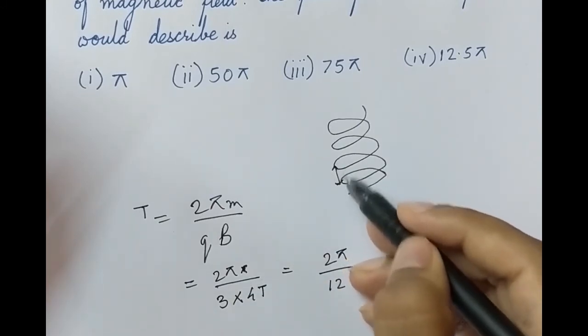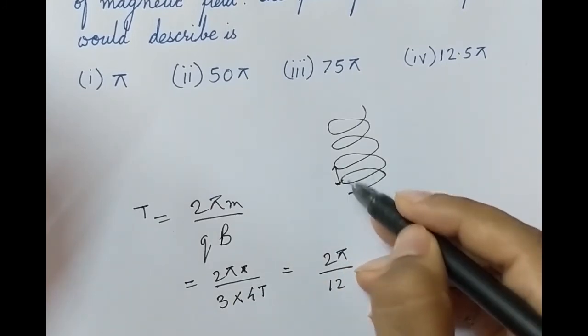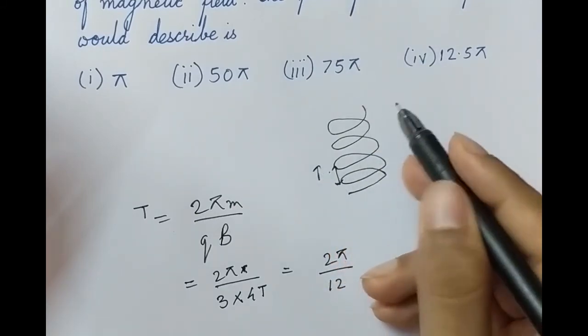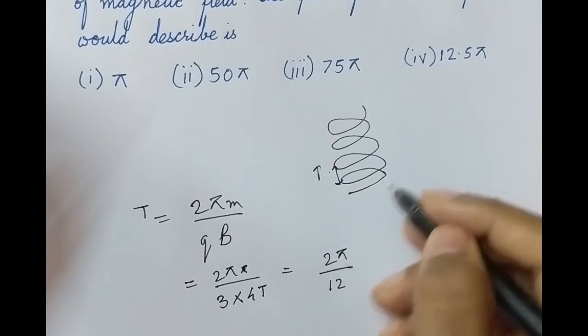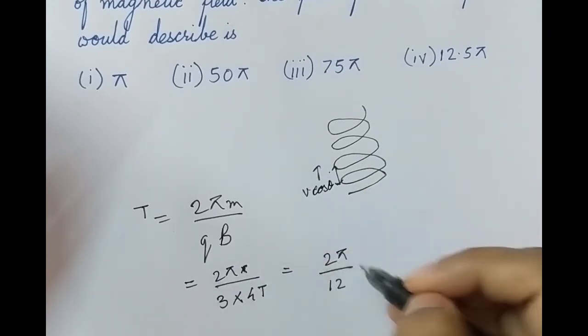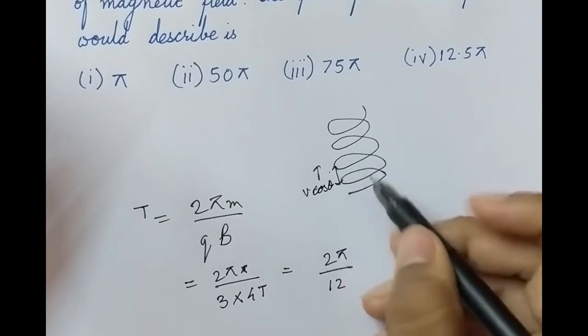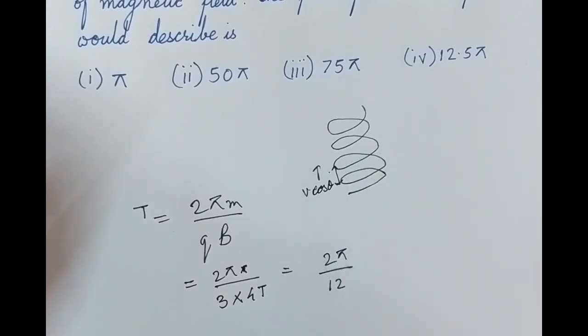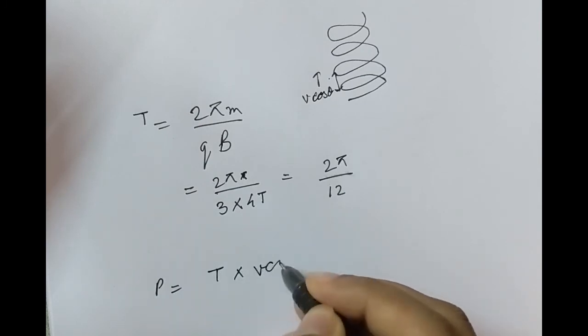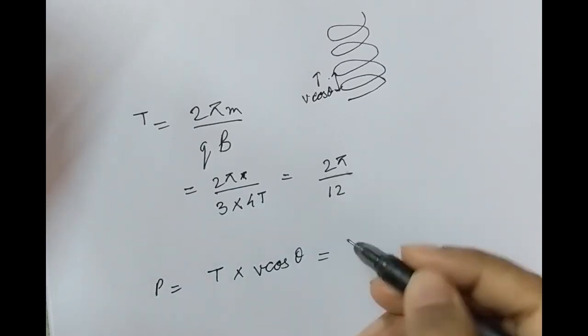Now this pitch occurs because the velocity has a component in this direction as well, and that component is given by v cos theta. So in this time interval, we just need to find how much distance the particle would move in that direction. So the pitch of the helix is the time period into v cos theta. We put those quantities in.